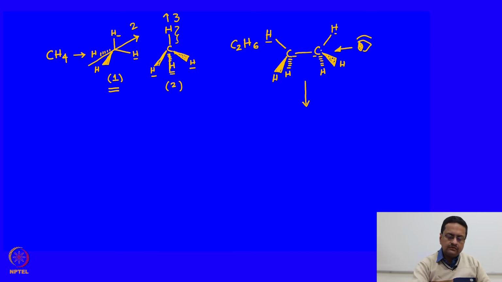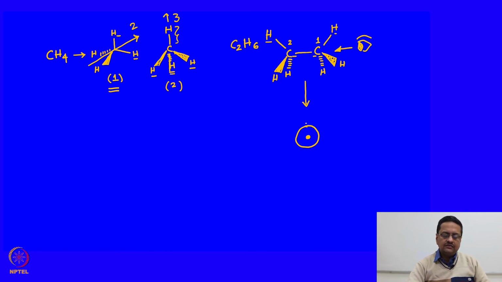So, when we look through the CC bond, the front carbon is numbered as 1 and the back carbon is numbered as 2. So, we write the front carbon as a dot and the back carbon as a larger circle.